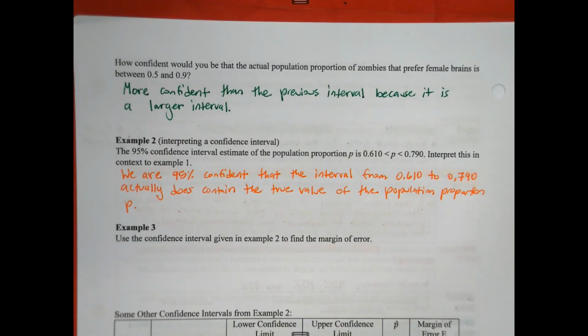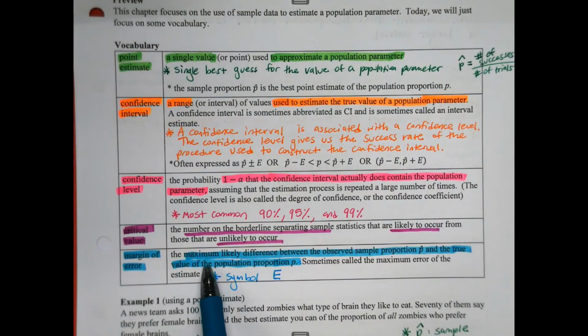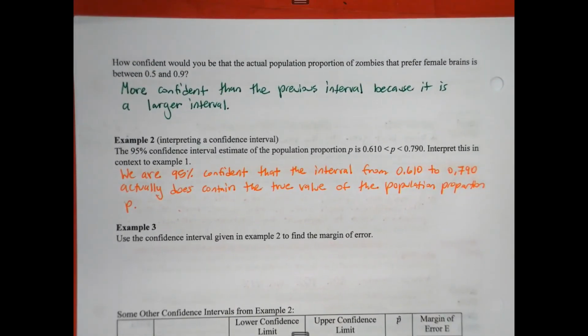Example 3, use the confidence interval given in example 2 to find the margin of error. Our margin of error, we said, is the maximum likely difference between the observed sample proportion and the true value of the population proportion. Our interval could be above and below our value.